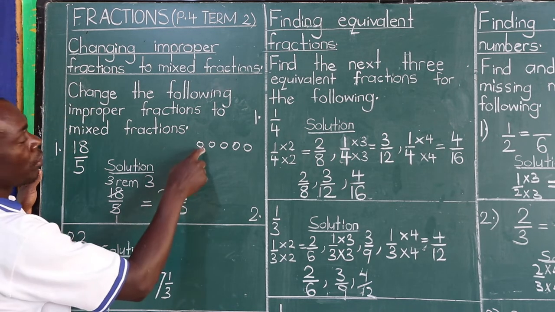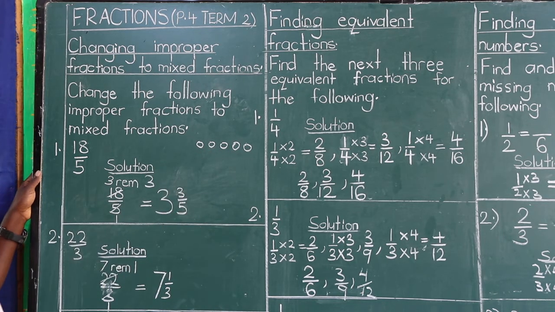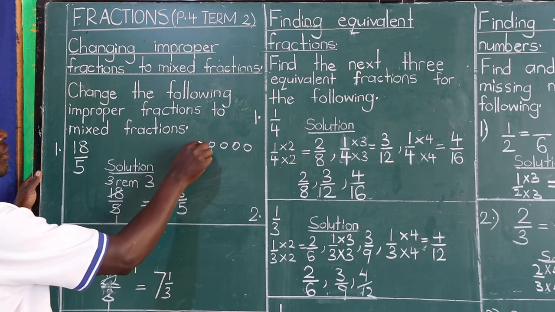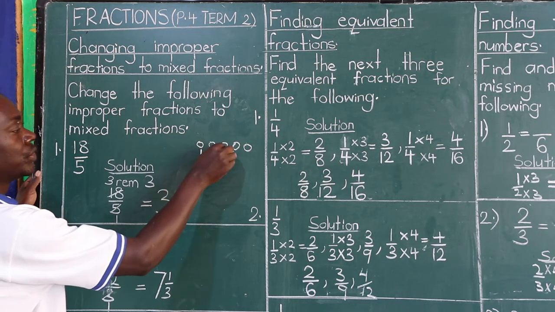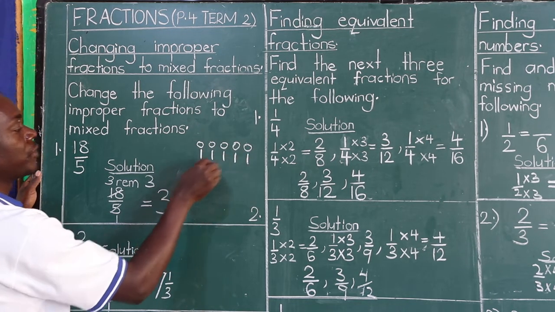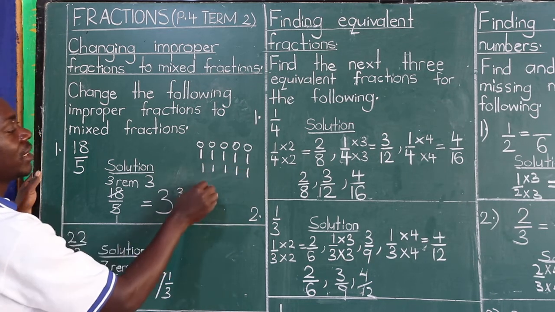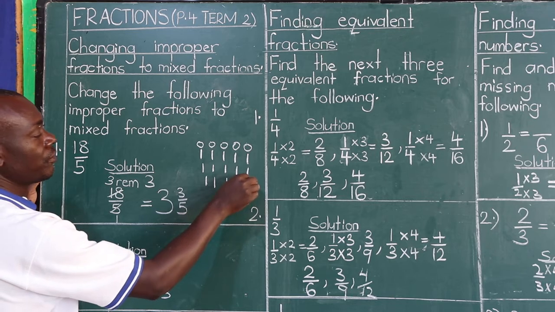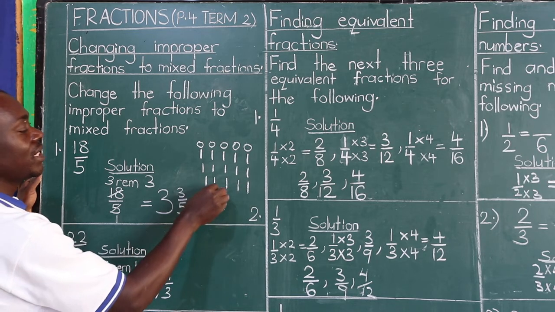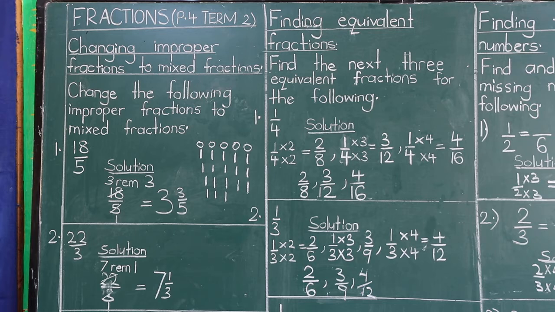Now that I've got 5 people, then we divide 18. So now go to these singles, 18 of them: 1, 2, 3, 4, 5, 6, 7, 8, 9, 10, 11, 12, 13, 14, 15, 16, 17, 18. So that is 18 divided by 5 people.